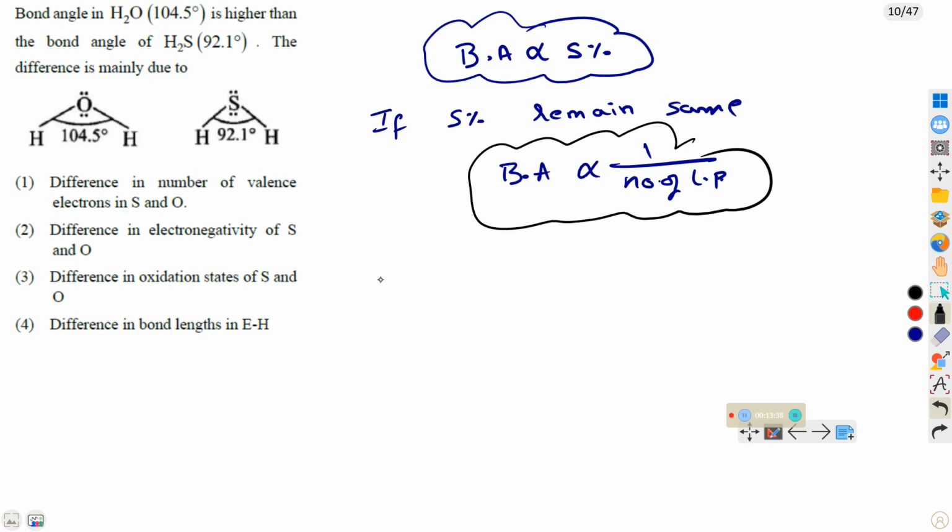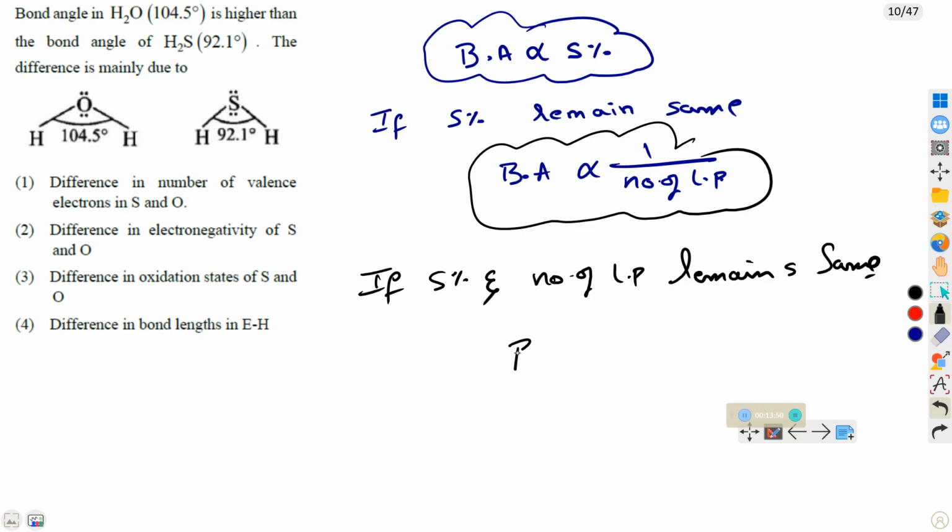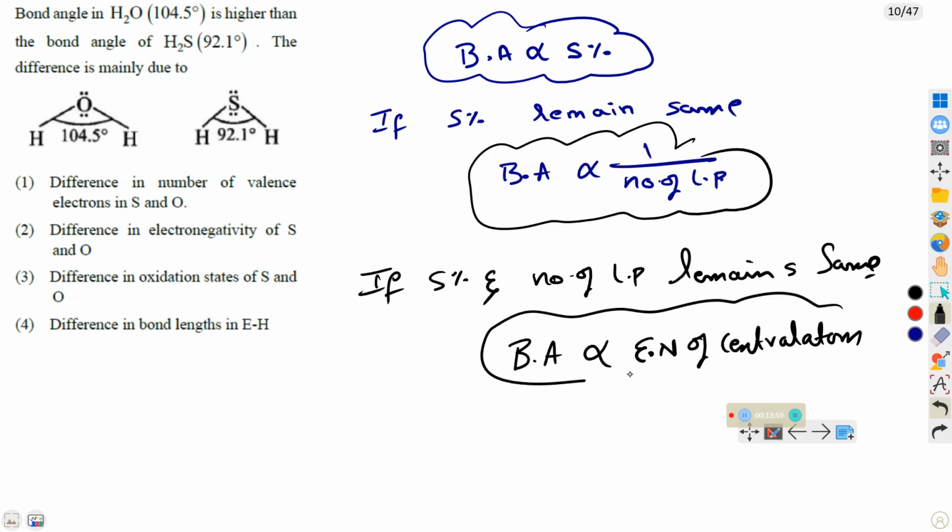If s percentage and number of lone pairs remain the same, then bond angle is directly proportional to the electronegativity of the central atom. Oxygen is more electronegative than sulfur. That's the reason the H2O bond angle is more compared with the H2S molecule.